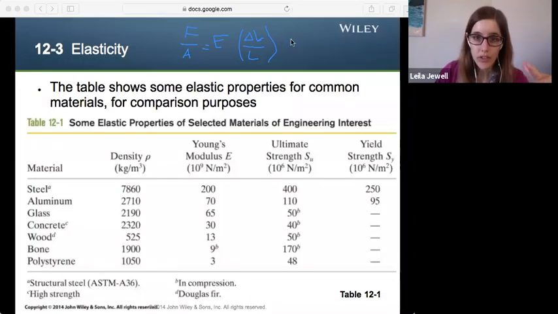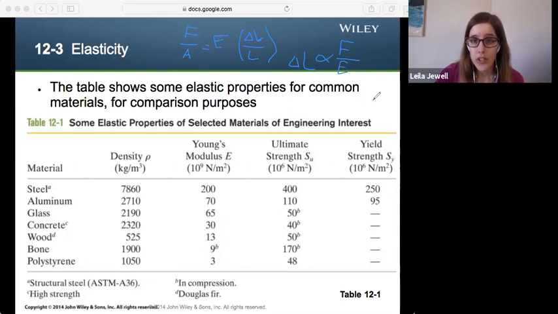Well, if we solve this for delta L, then what we would find is that delta L is going to be proportional to the force, but it's going to be proportional to force divided by Young's modulus.